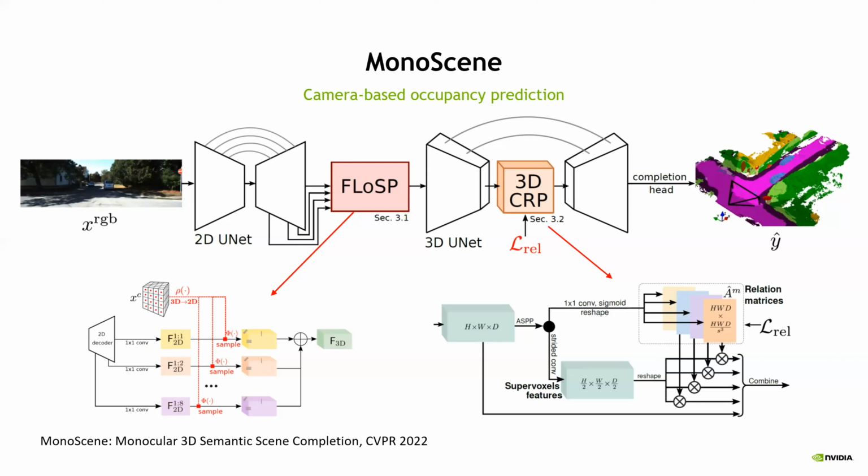Then they have a UNet module: after you aggregate these features in the BEV space, you use a UNet architecture to process them and finally output the predictions.